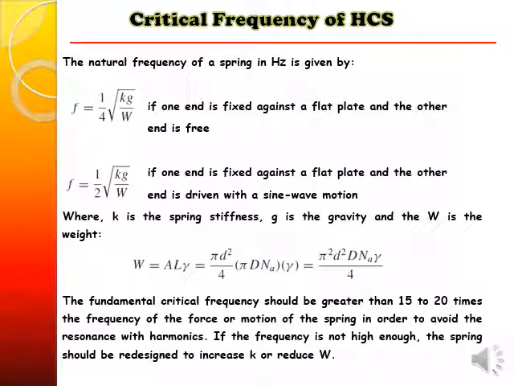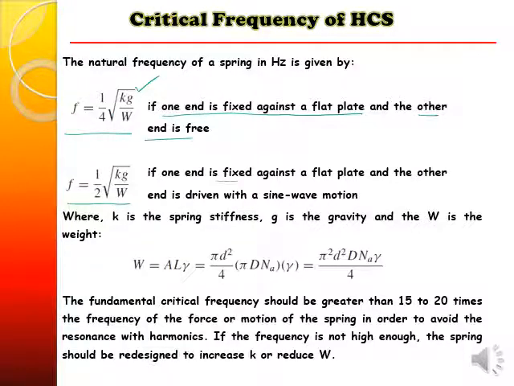The last thing is about the critical frequency of the helical compression spring. The natural frequency or critical frequency of the helical compression spring is equal to this or this, depending on the case. If one end is fixed against a flat plate and the other end is free, then this is the equation.